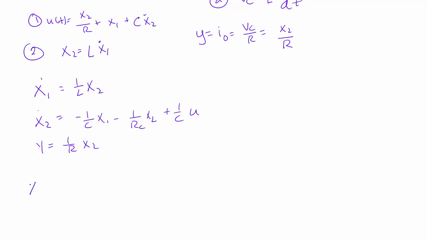So in matrix form, we have x dot, where x dot is a vector, is equal to 0, 1 over L, and that's times x1, x2.